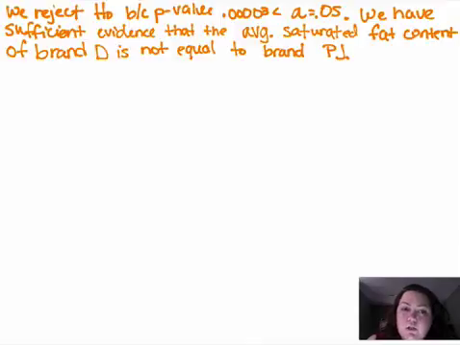So our conclusion would be we reject the null hypothesis because our p-value of 0.00003 is less than our alpha of 0.05. We have sufficient evidence that our average saturated fat content for brand D is not equal to the average saturated fat content of brand PJ.